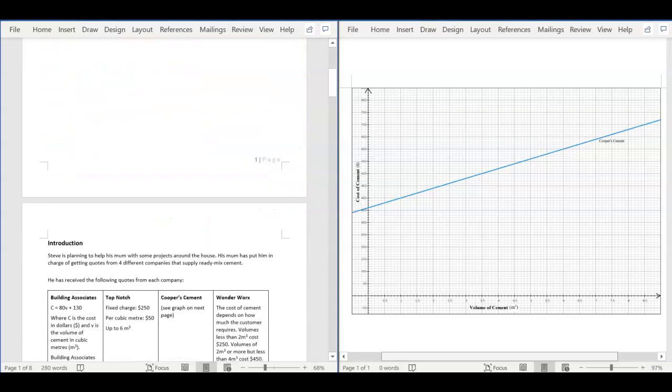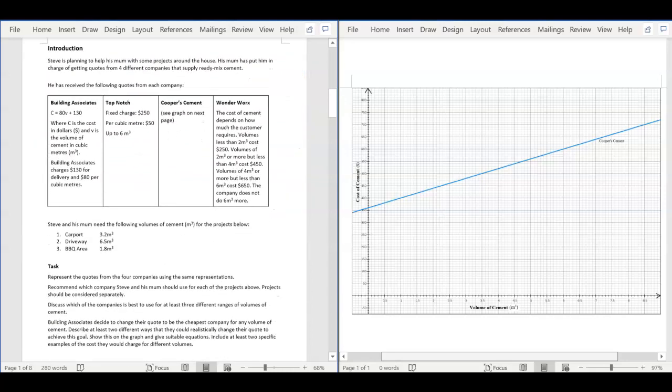So I'm just going to scroll down, and this here was our task. And the first thing I want to emphasize, do not write anything on this page. It will most likely not be marked. Your working must go in the graph and in the space provided.